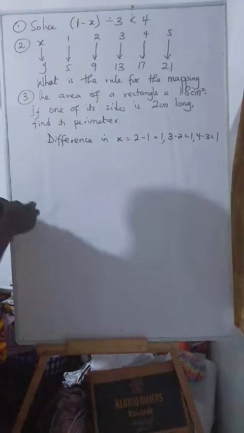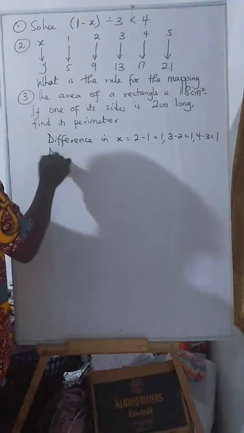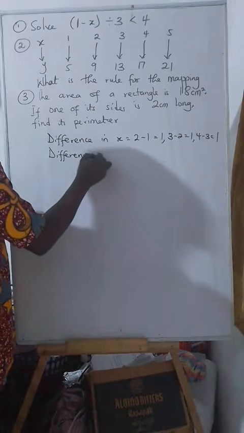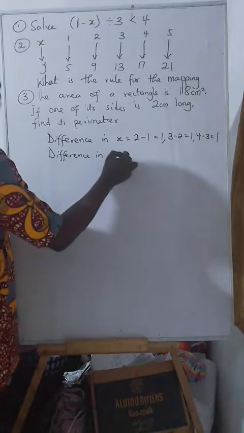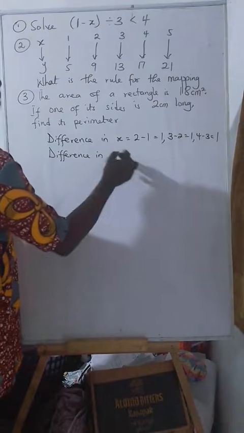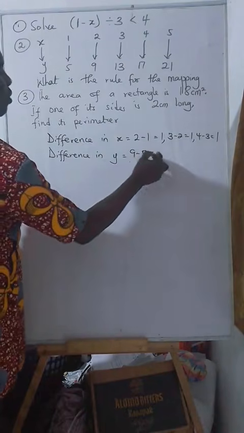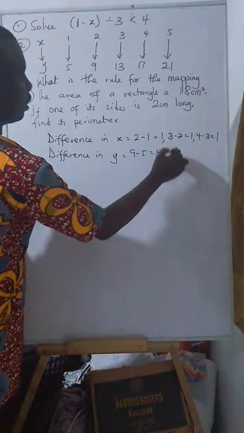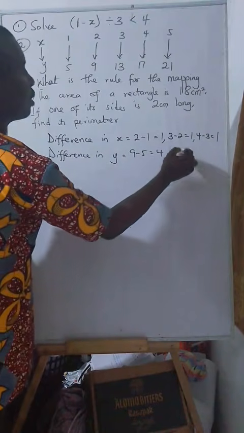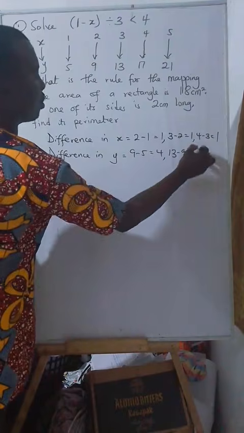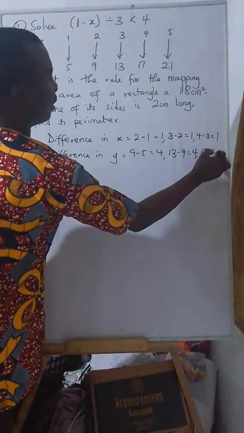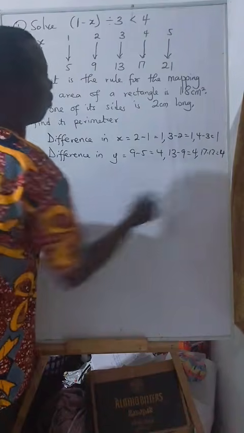Then the difference in y, that also we have 9 minus 5 gives you what? 4. 13 minus 9, that is also 4. 17 minus 13, also giving you 4.